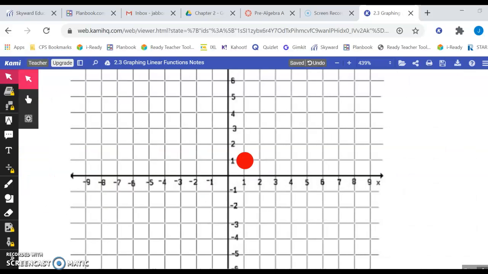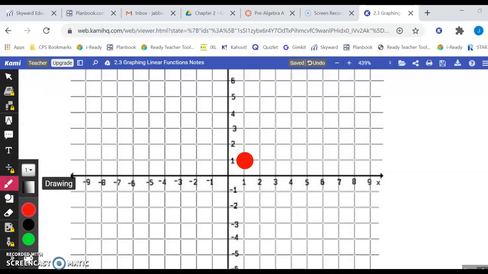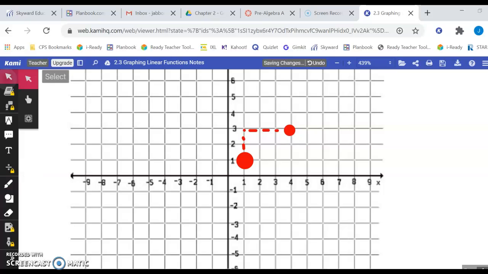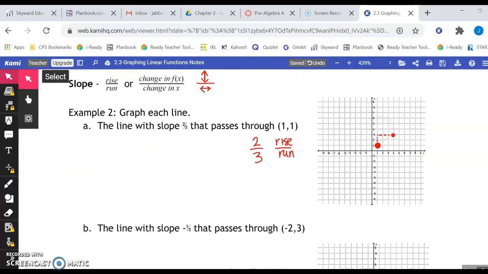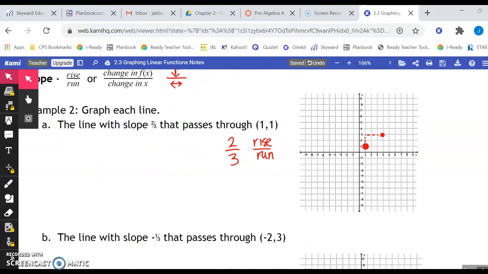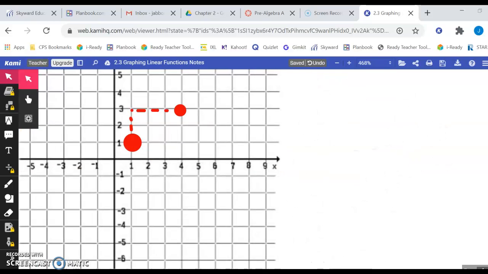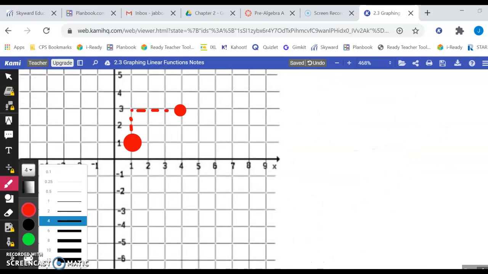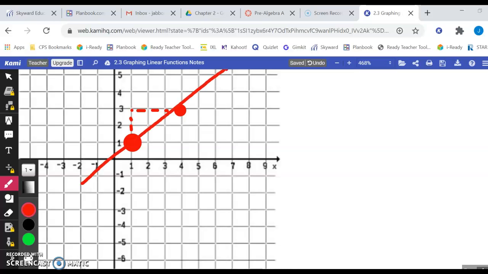And since everything's positive, that means we're going to go up and we're going to go to the right. So up 2 would put us here. And then we have to go over 3. And that would put us right there. That's our new dot. And it says the line with slope of 2/3 that passes through this point. So then we can go ahead and connect our dots to make our straight line.